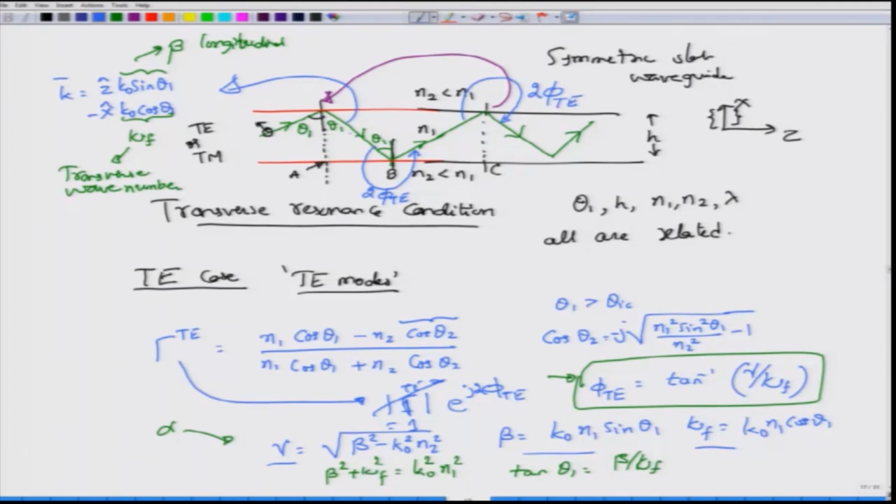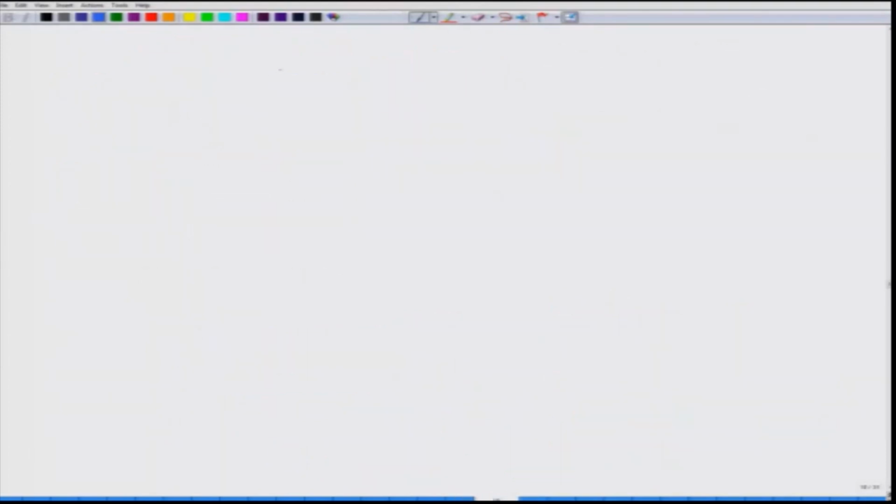The corresponding component along the x direction is kappa f, and because the height of the film is h, the phase shift here would be kappa f times h, and an additional kappa f times h here. Since kappa f h and 2 phi TE enter with opposite signs in the expressions, the transverse resonance condition will be 2 kappa f h minus 4 phi TE equal to 2 nu pi, nu being an integer.